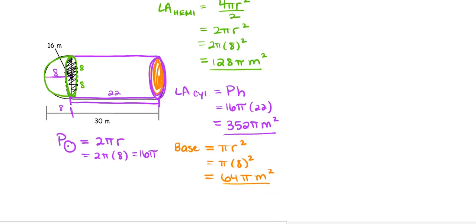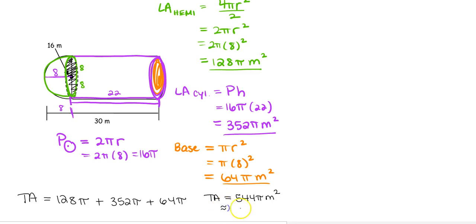Now the total surface area for this composite figure is all of those put together. So we've got the hemisphere, we've got the cylinder, and then we've got our base. When I add up all of those pieces, we end up with a total surface area of 544 pi meters squared.